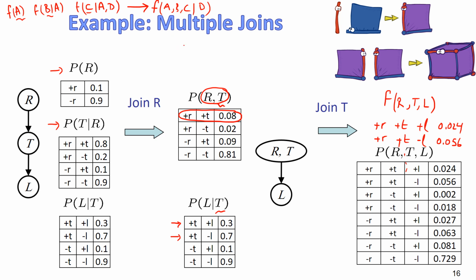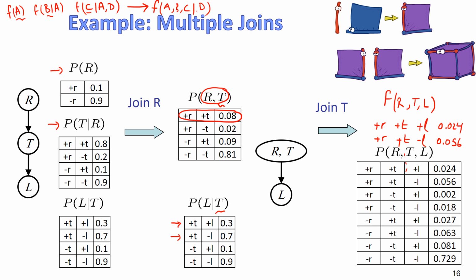That's 4 dimensions, because we have 4 variables here, all capital letters. If one of them is a small letter, which means that it is assigned a value, then it would be eliminated, ignored in terms of the size. But here we have 4 variables, so the factor is 4-dimensional. In terms of rows, if all the variables are binary, it will be 2 to the power 4, which is 16.